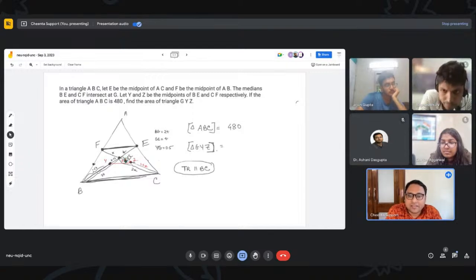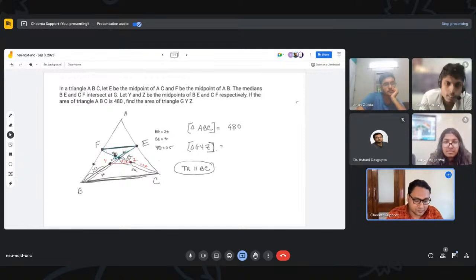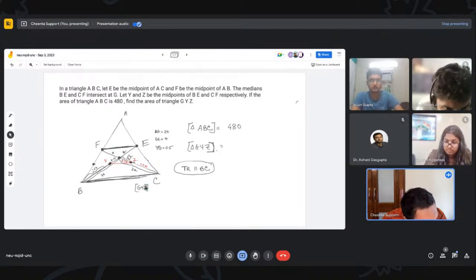So that means that this triangle and this triangle are similar to each other. That means GYZ is similar to GEF.